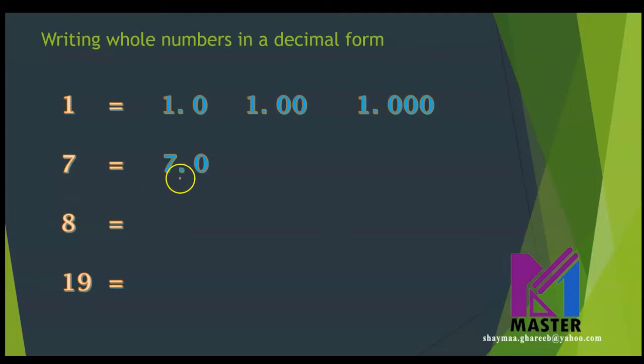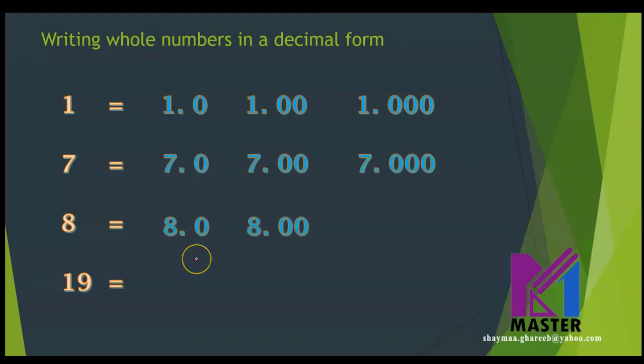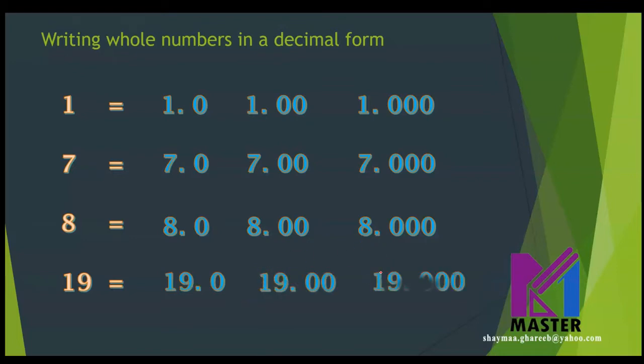We can write it as 7.0 or 7.00 or 7.000 and so on. And we'll do the same with the 8 and with the 19. We are going to use this information to solve the coming examples. So I want you to pay attention to this information very well.